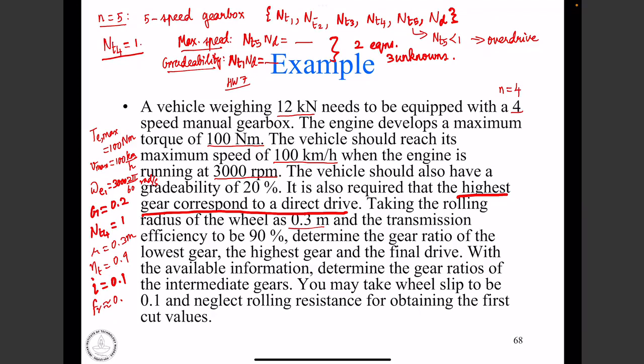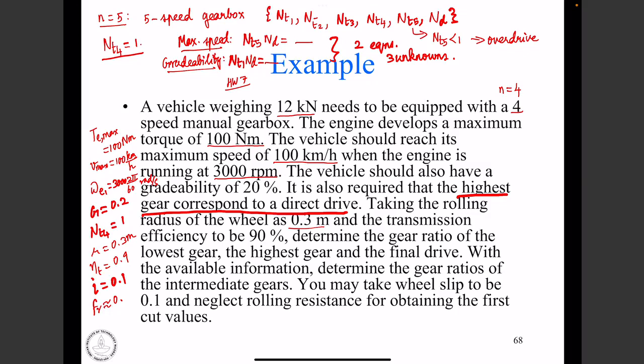Let me repeat. Instead of a 4-speed gearbox, we are asked to design a 5-speed gearbox. 5 speeds, 6 speeds are very common, with overdrive arrangements. For a 5-speed gearbox, we have NT1, NT2, NT3, NT4, NT5, and ND. We need to find the values of these 6 parameters, and let's say we are given that NT4 is 1, a direct drive.